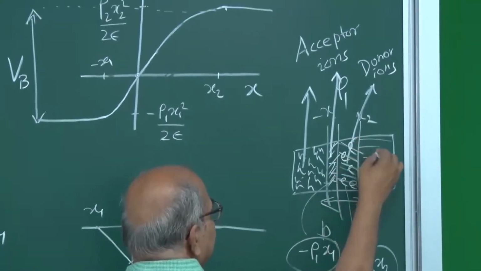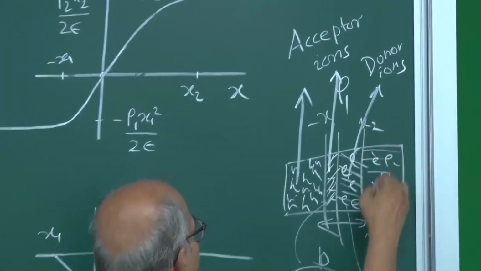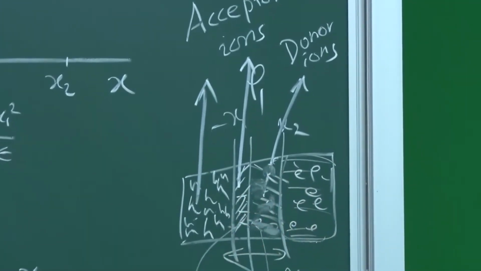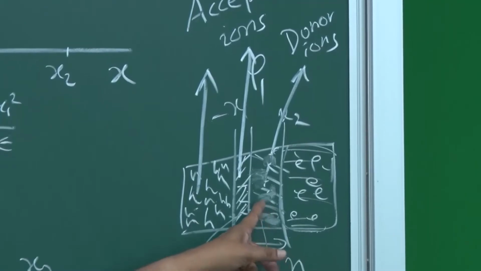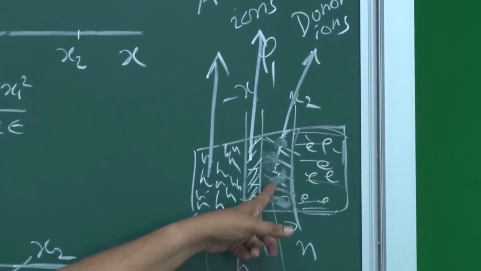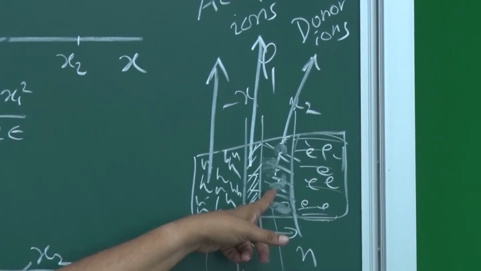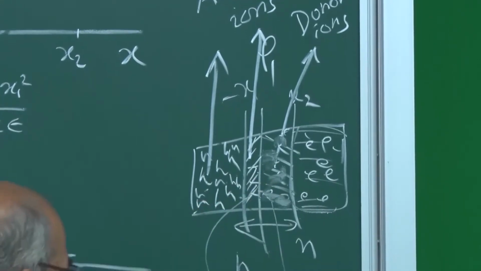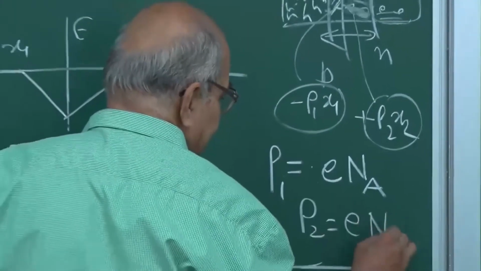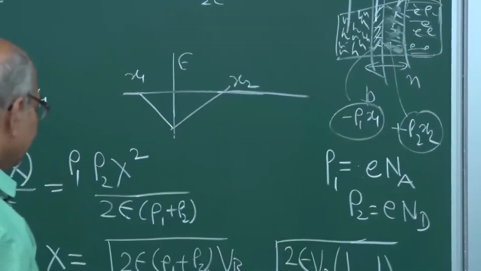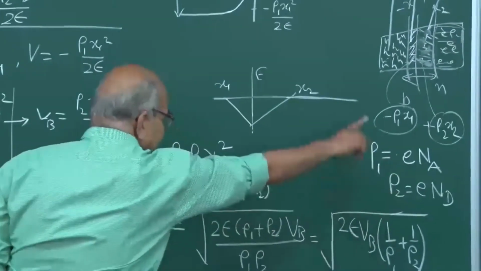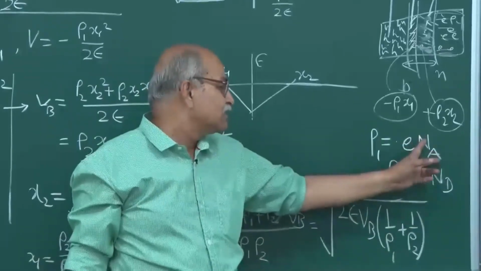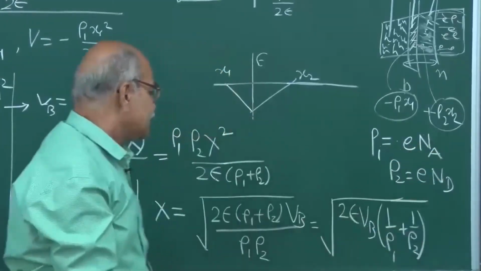So those electrons were there here also, and this whole thing was neutral, but from here the electrons have gone, and therefore those positive charges will appear here, those donor ions, each donor ion will give you 1 unit of charge, plus E, and therefore rho 2 will be E times Nd, density of donor ions. And this expression you can write in terms of Na and Nd, because these are the quantities which are under our control. We dope things, so we know what is Na and what is Nd.